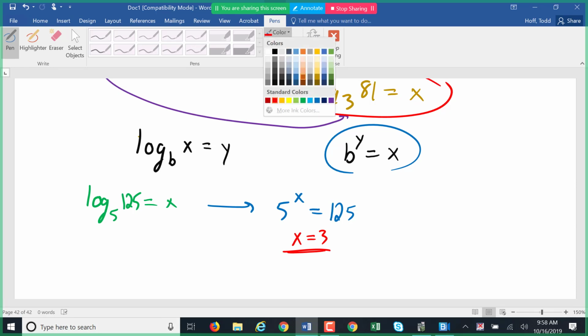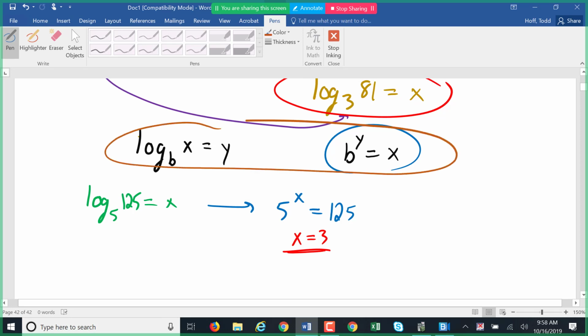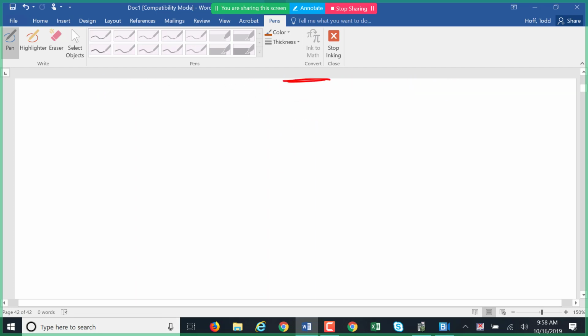Let's practice here a little bit converting from logarithmic to exponential and exponential to logarithmic. So if I have log base 2 of x equals 8, to find the equivalent exponential form, the base of the log is always the base of my exponent.